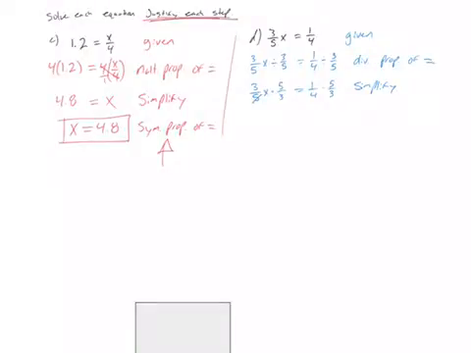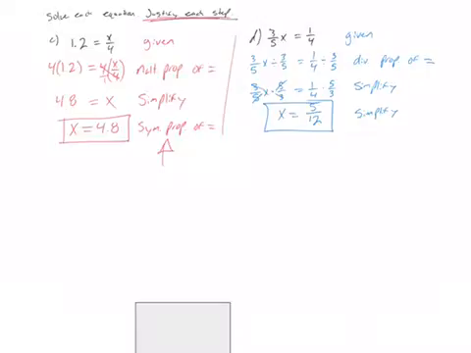And then this 5 will reduce with that 5, this 3 will reduce with that 3. So it's going to be x is equal to 1 times 5 is 5, 4 times 3 is 12. So I'm going to say simplify. So my answer is x is equal to 5/12.